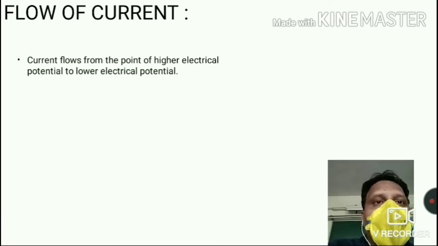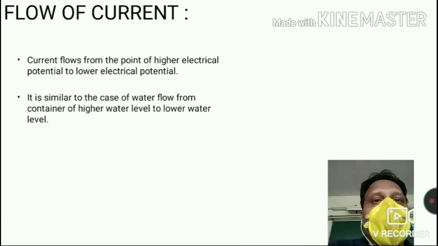For example, suppose you have a house. In your house, how does the electricity flow, from your house to the power station, or from the power station to your house? Yes, from the power station to your house, because the power station has higher electric potential and your house has lower electric potential. That is why it flows from higher to lower potential.